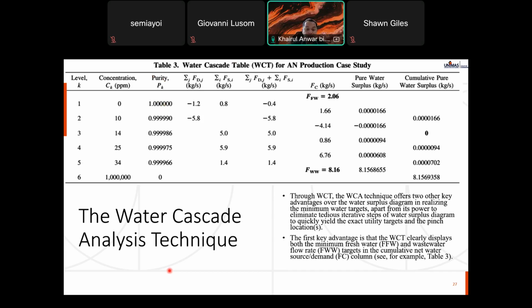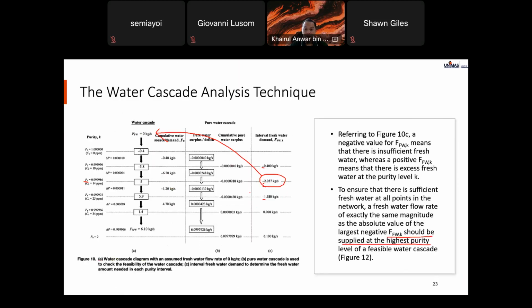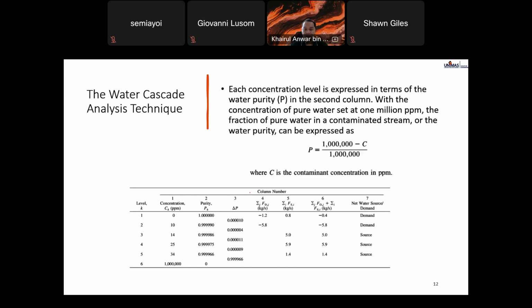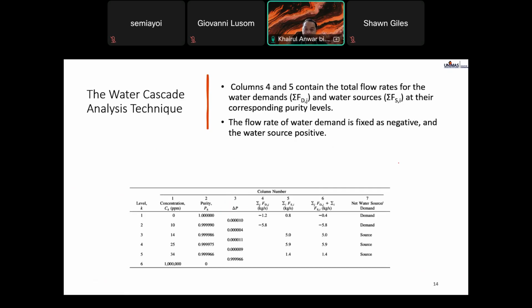Start from equation 2. So for the purity PK, equation 2 is this equation: 1 million minus 3 over 1 million.